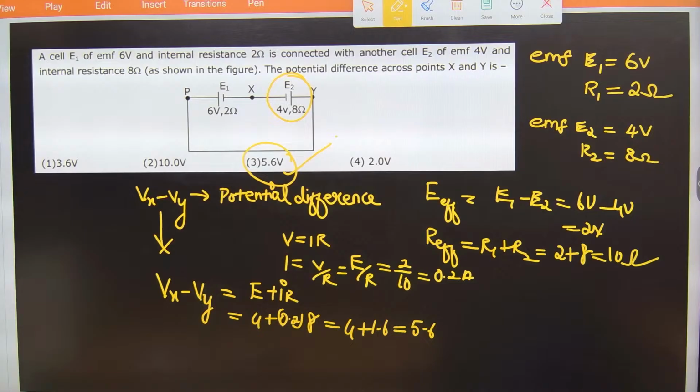It is nothing but EMF, like voltage. This is for the class 11th and 12th JEE Mains PYQs I am doing. Okay. I hope I clarified your doubt. We can go for the next question.